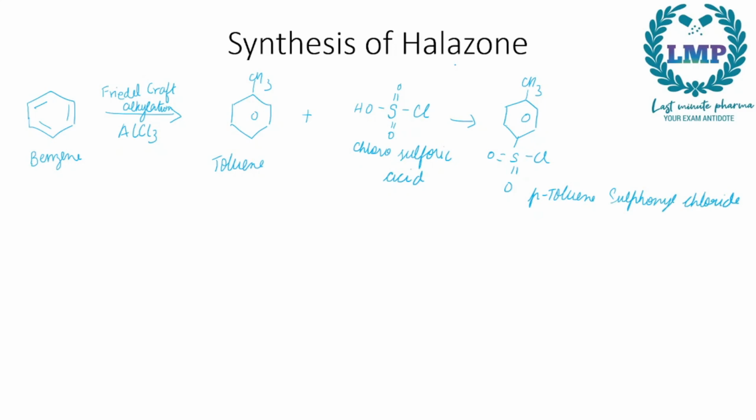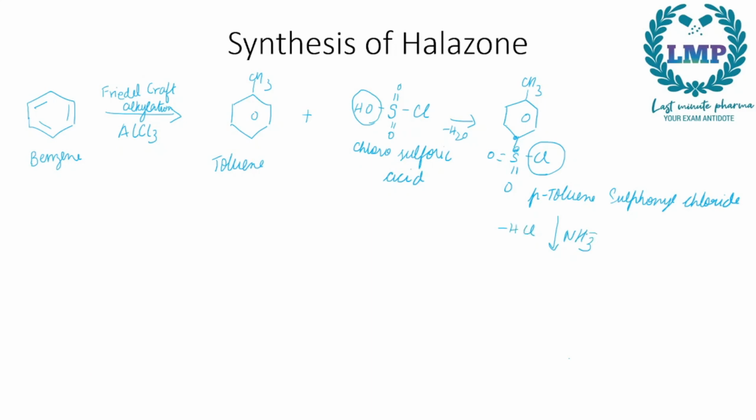What is removed here? Here we will remove this OH, and since there was a hydrogen attached over here, we will substitute this OH and this H, and it will form water, so there is removal of water over here. Then to toluene sulfonyl chloride, we will add ammonia, that is NH3, and we will remove HCl.